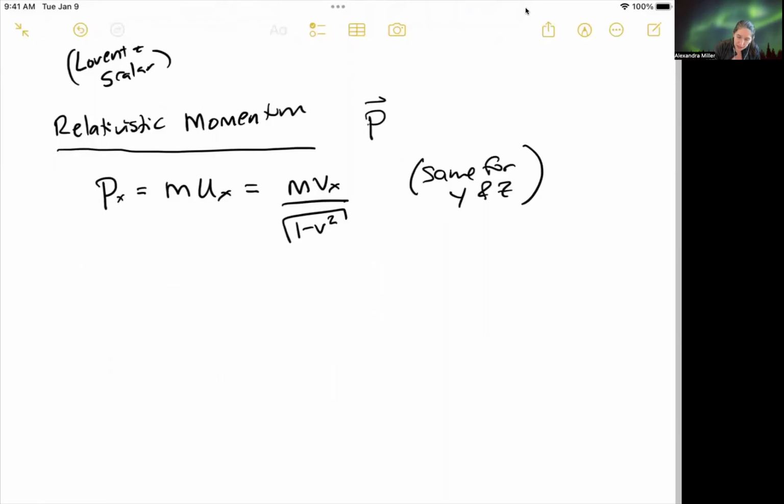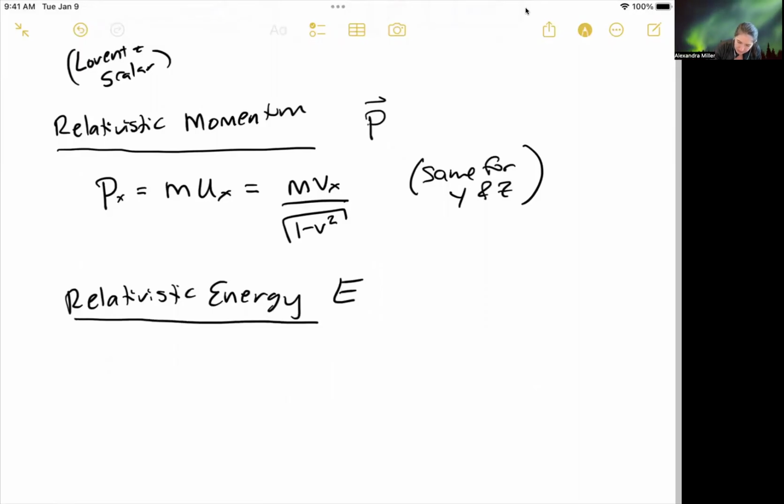We will then take our time component to be our relativistic energy. We'll write that as capital E. So E equals our time component of the four momentum. Might seem a little strange. Why are we choosing this time component of momentum, which is sort of a weird thing?